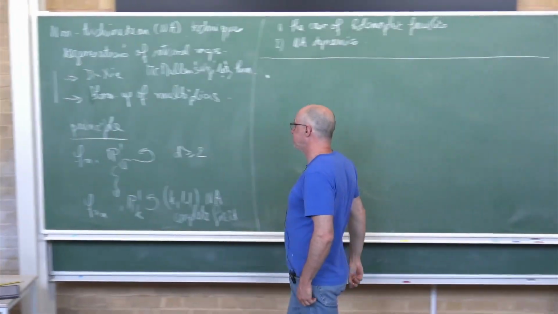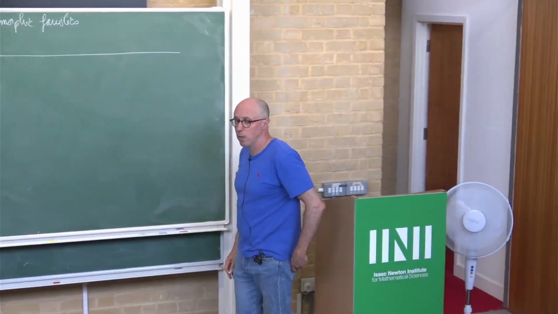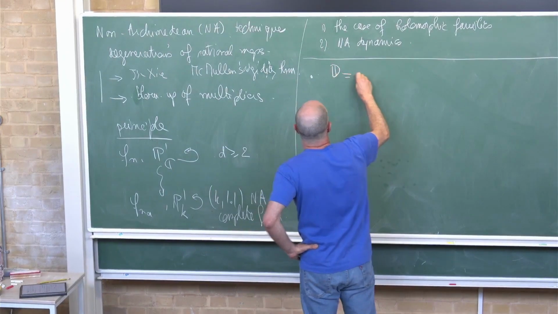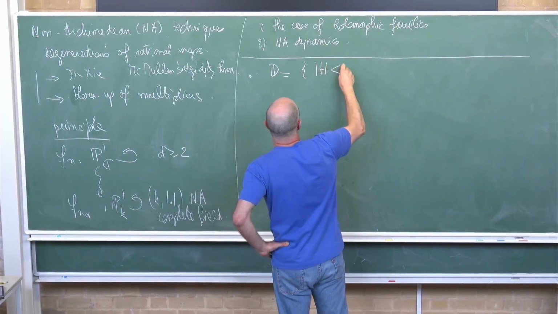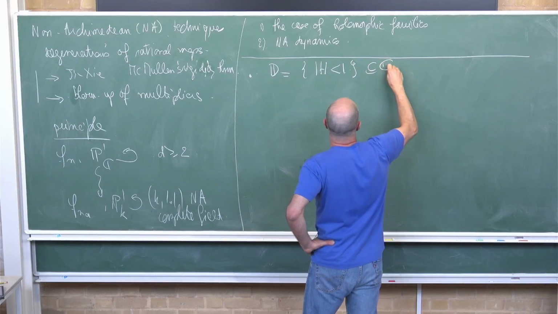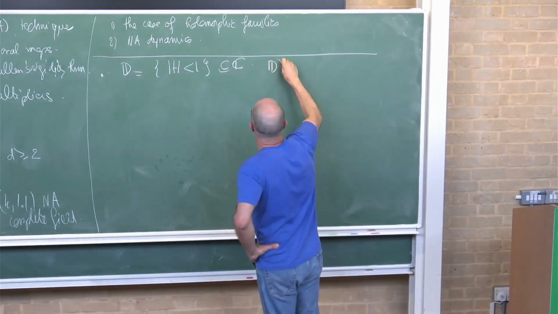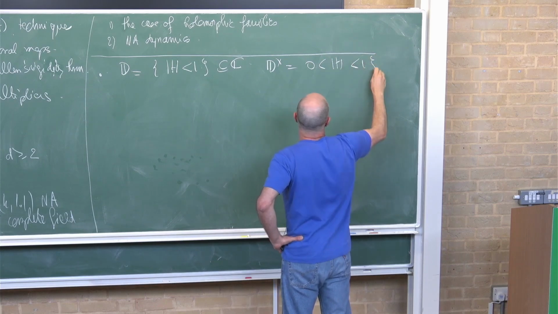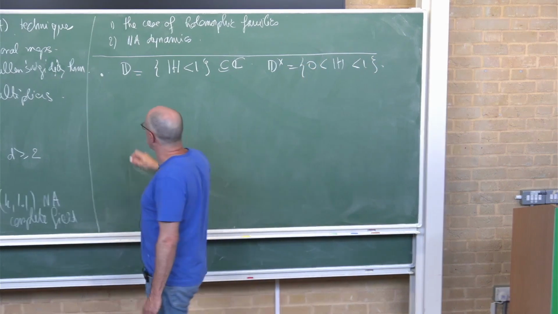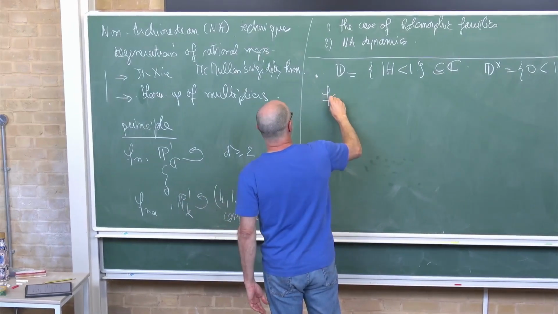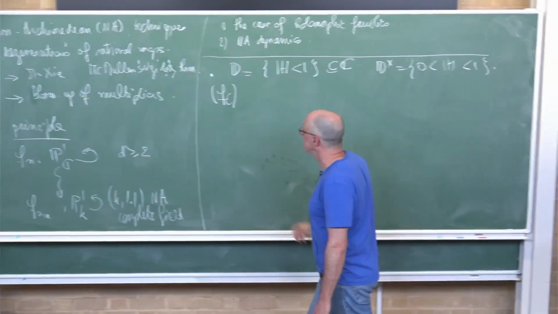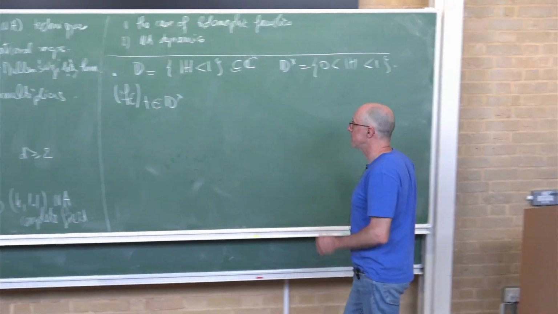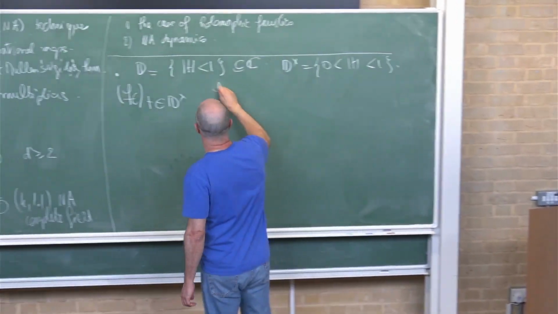Okay, so what is a holomorphic family? I'm going to consider a one-parameter holomorphic family, parameterized by the unit disk in the complex plane. So let's say D star is the punctured unit disk. So we're going to consider not a sequence, but a family Ft, parameterized by the punctured disk. So Ft is a rational map.